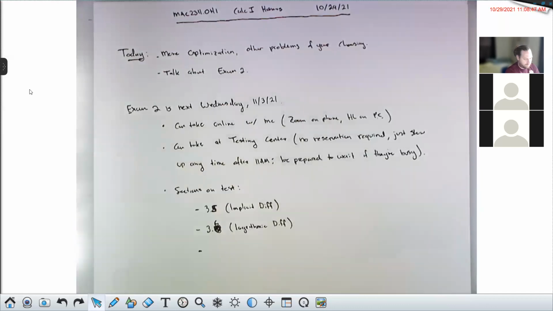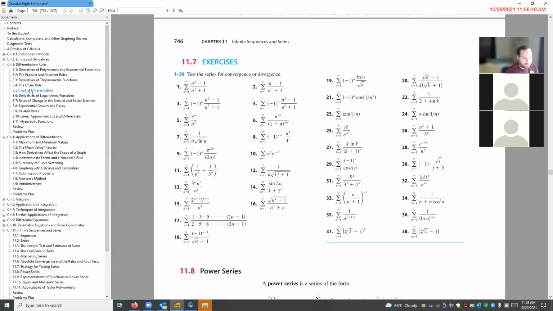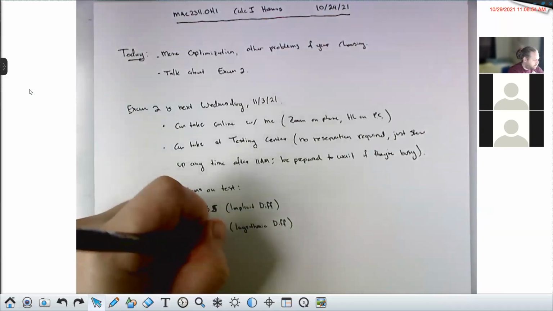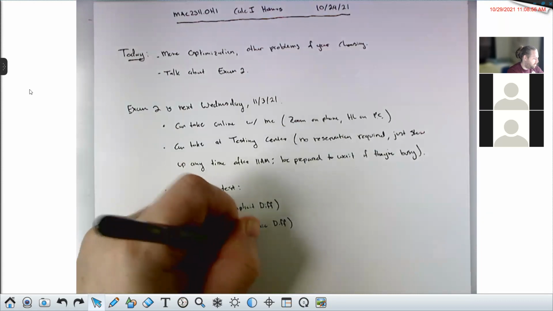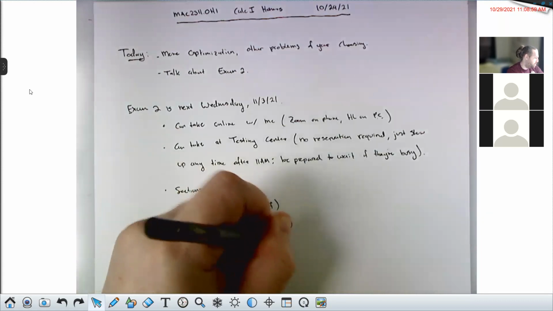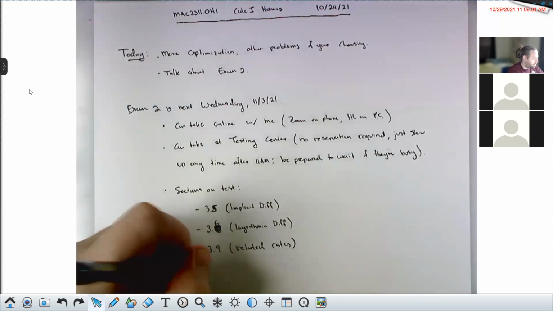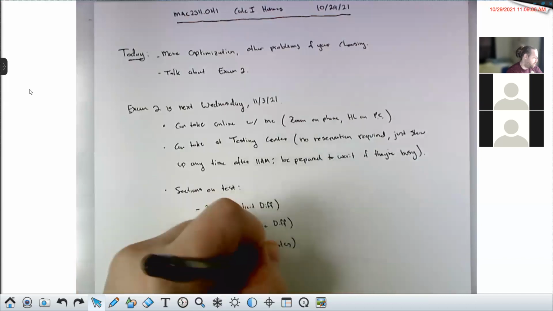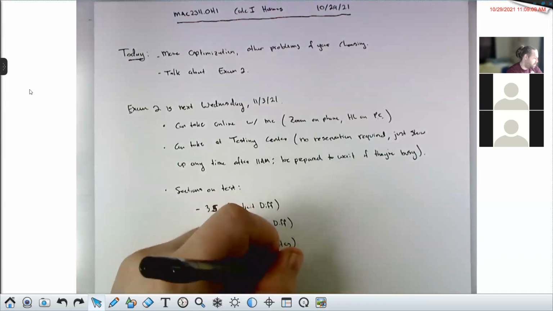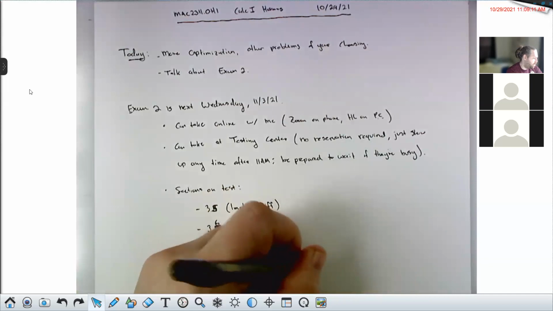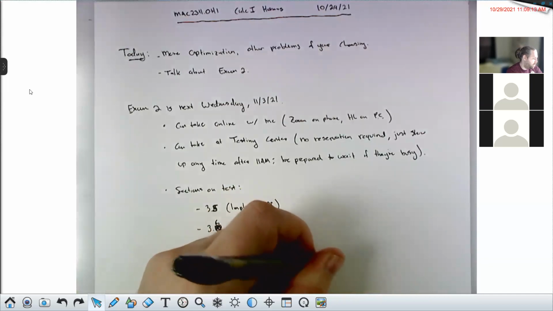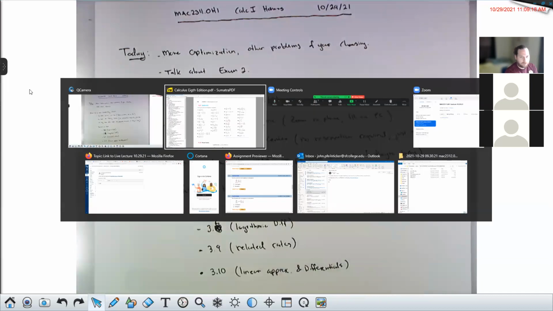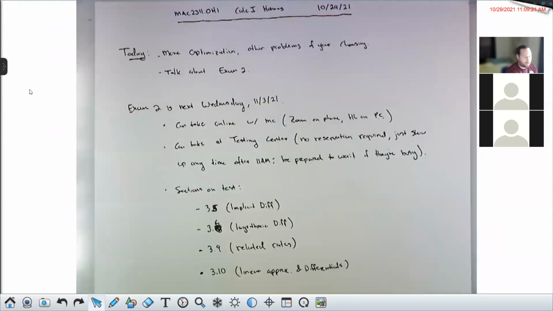And then after that was 3.9, right? Yeah, because we skipped 3.7, 3.8. 3.9, which is related rates. 3.10, which is linear approximation and differentials. And then we jump to 4.1, I think. Right? Oh no, 3.11, which is hyperbolic functions.